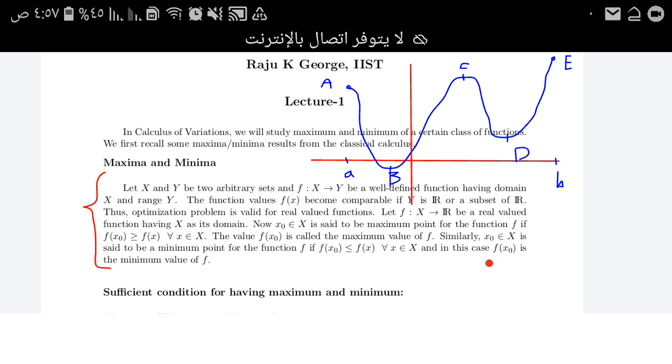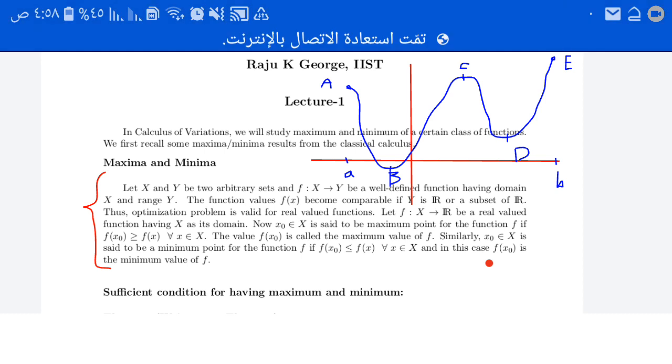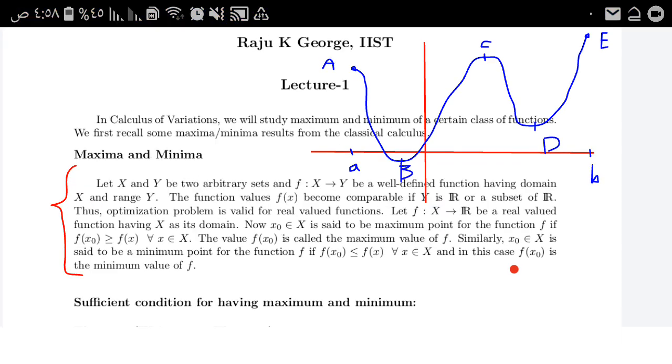My next question is which of these points is absolute maximum, not just a maximum? A, C, and E are all maximum points.